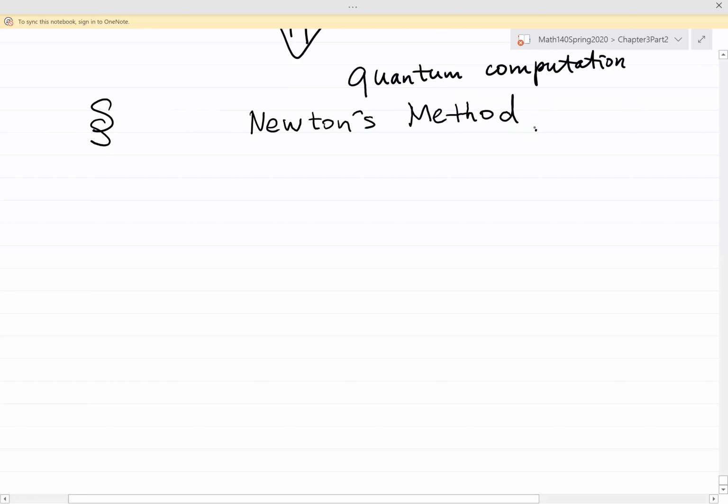Newton's method is actually a really effective way to compute the root of certain functions. This method was discovered by Sir Isaac Newton, of course. Let's see one example.